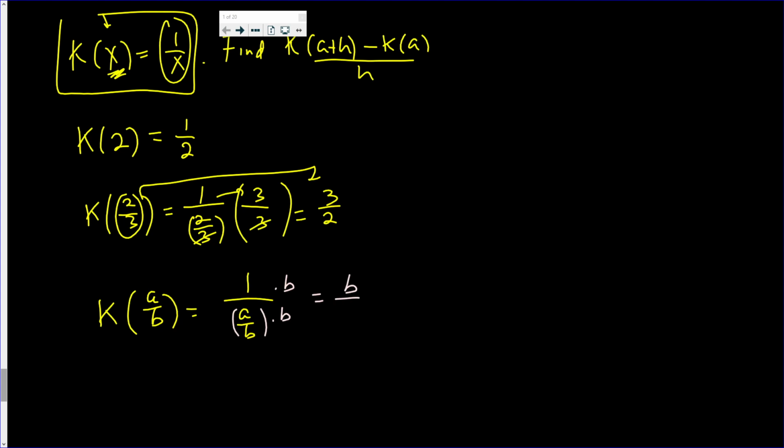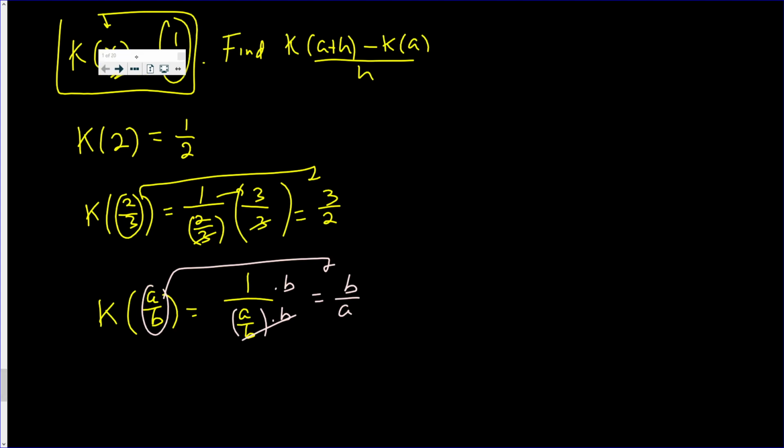The top is b, and on the bottom the b's cancel. You get a. Oh, look at that. I got the reciprocal. So that's what k does. It takes the reciprocal. And I think in this case, it's easier to know that. So just remember that a plus h is a plus h over 1. So when I compute k, it just does the reciprocal.